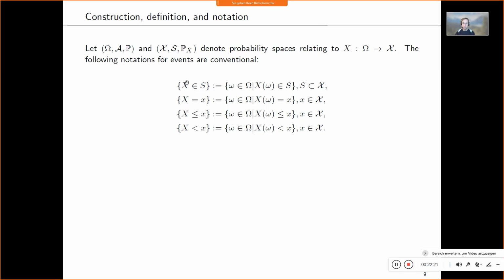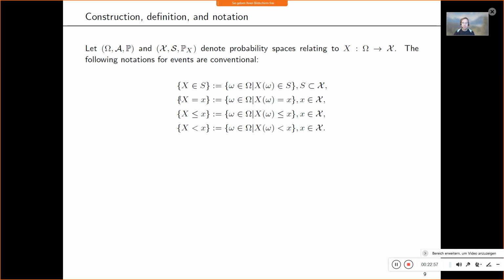Usually you have these curly brackets, and then you can, for example, write X is an element of S, or X equals x. This is very prominent notation, of course, so that a random variable assumes a given value, or that X is smaller than a given value, small x. What these things refer to are events, and these refer to the pre-images.